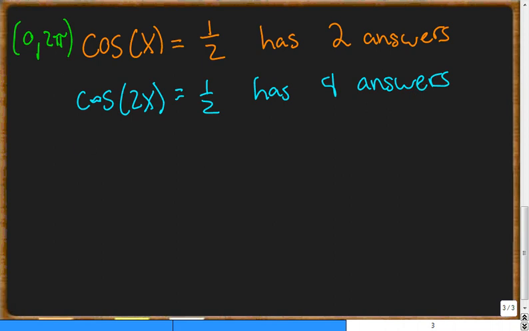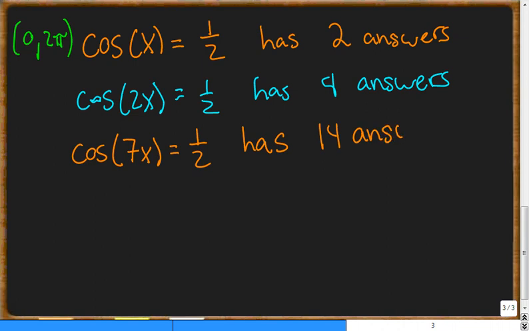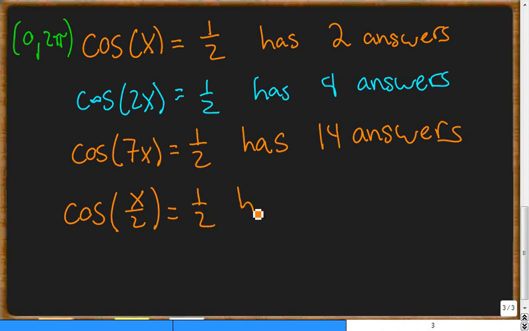Let's see, the cosine of 7x, for example, equals 1/2 is going to have 14 answers. And let's say, what about the cosine of 1/2 x, or x over 2? Well, that's just going to have 1 answer. It's all this multiplier. And it's because it's the number of things that are occurring before it gets there.